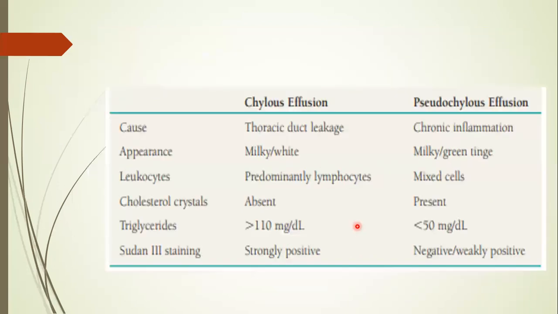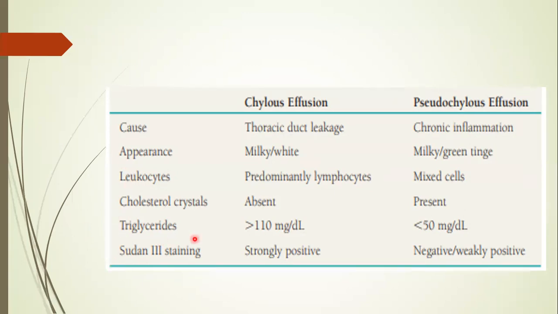So we differentiate again chyle from pseudochyle using the following criteria. They both appear milky, but sometimes your pseudochyle may have a greenish tinge, and your chylous effusion is usually caused by leakage from the thoracic duct, whereas your pseudochyle would actually tell us a chronic inflammatory process is happening.